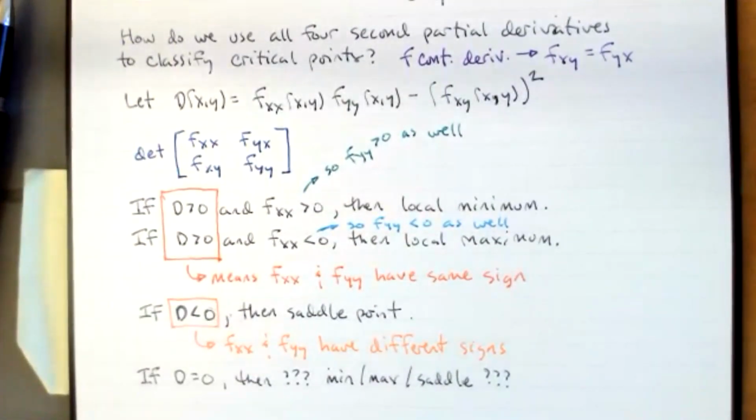If D is equal to 0, this just means we have to do something else to classify the critical points.